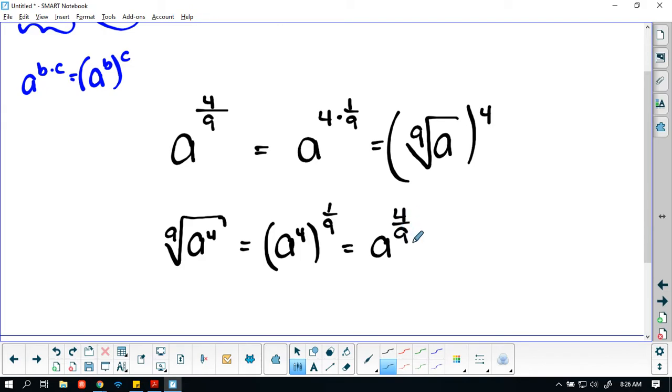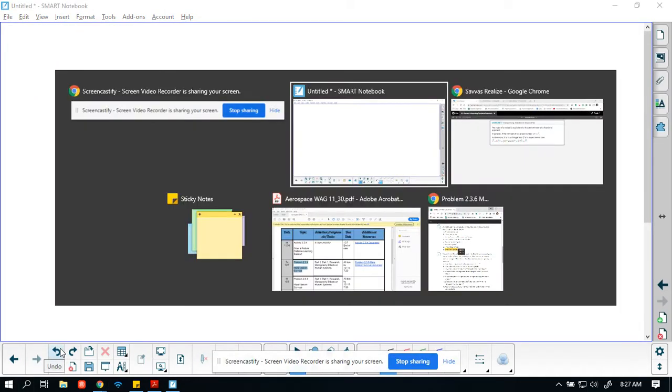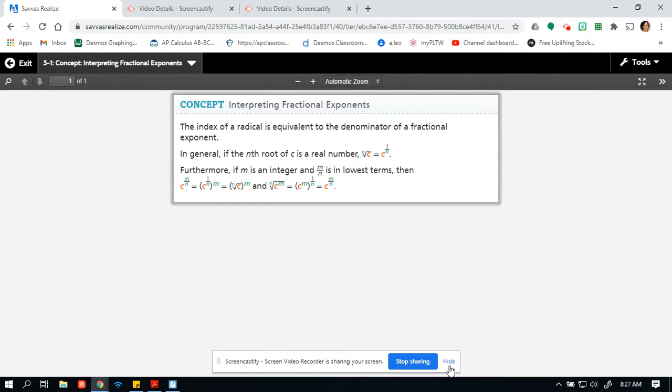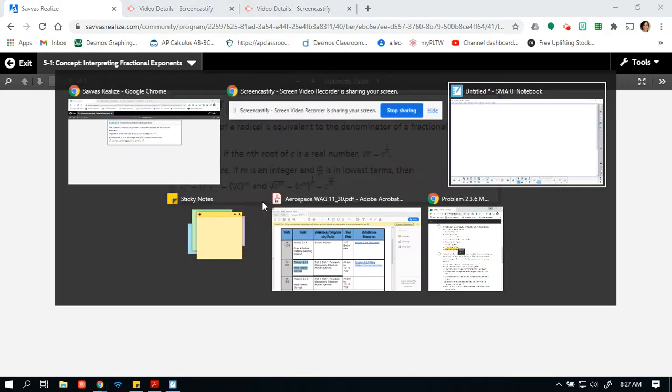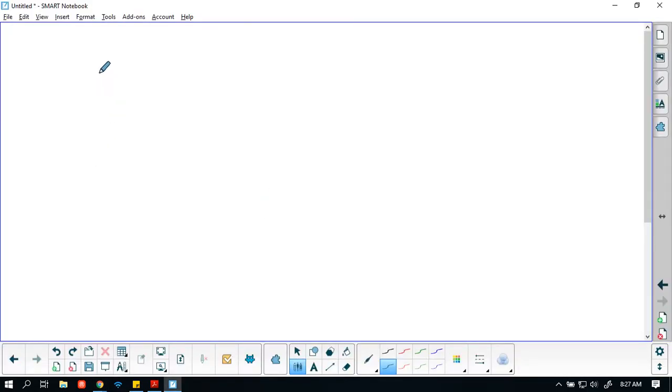And that's all they're really getting at with this concept, is how you can change things up, how to rewrite from a radical to an exponent. So if I had the square root of 6, I can rewrite this as 6 to the 1/2, because remember, a square root has an index of 2 that is kind of hiding out there.